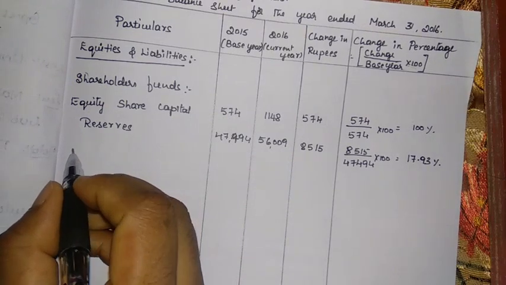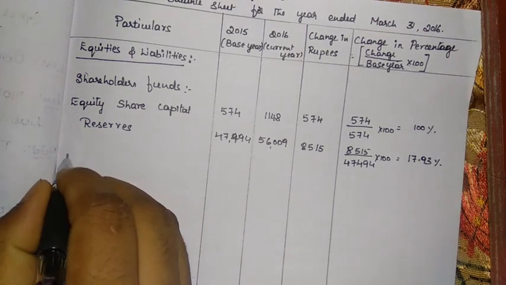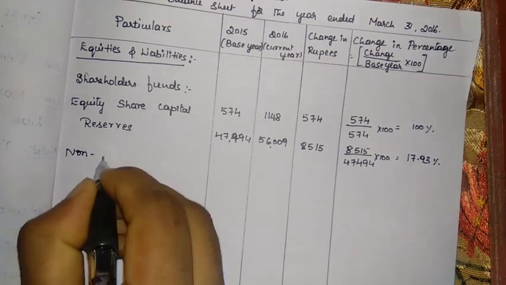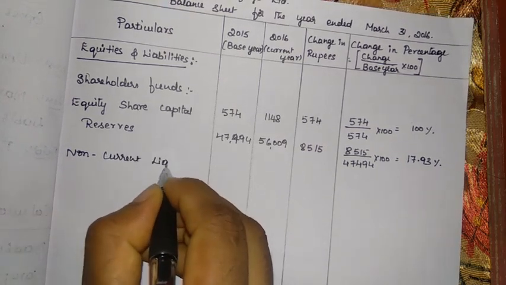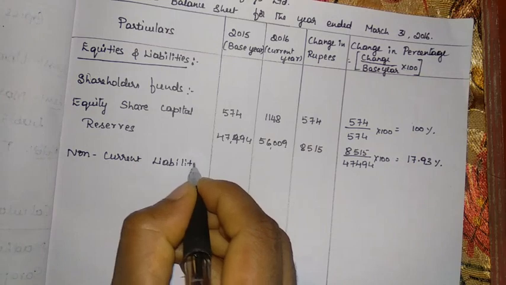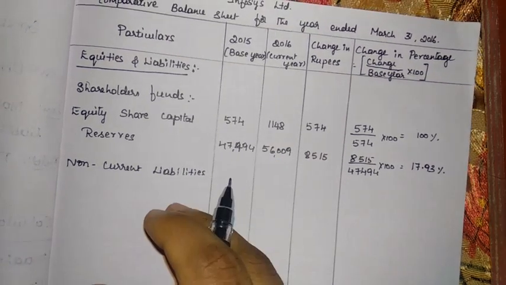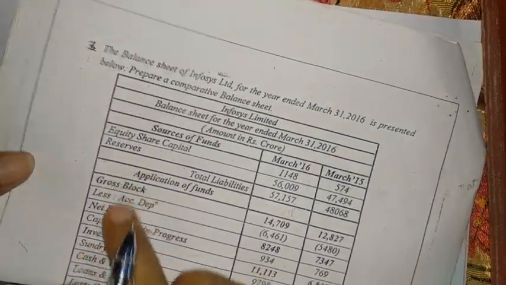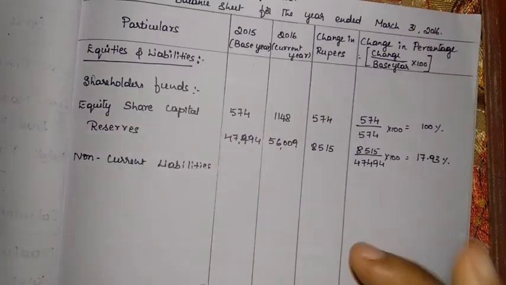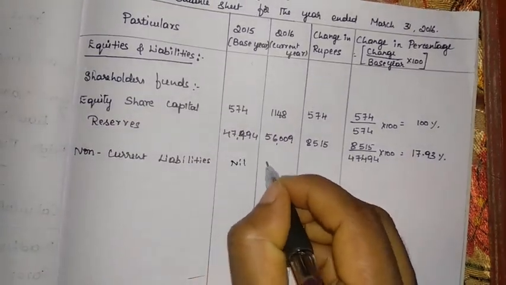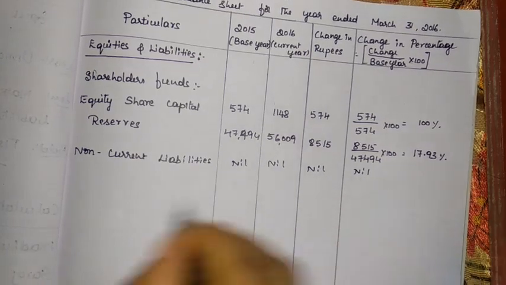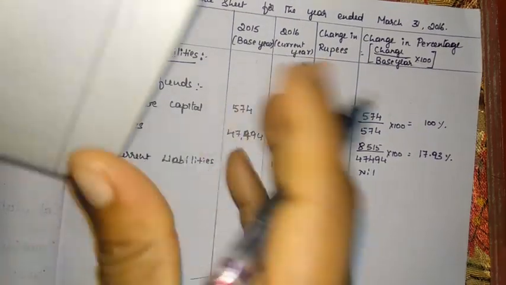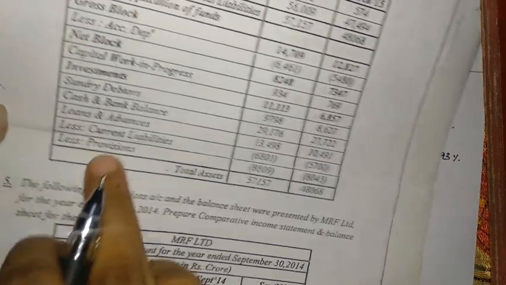Then the second head, non-current liabilities. There is no item in this balance sheet relating to non-current liabilities. So non-current values are nil. Then there are current liabilities and provisions.